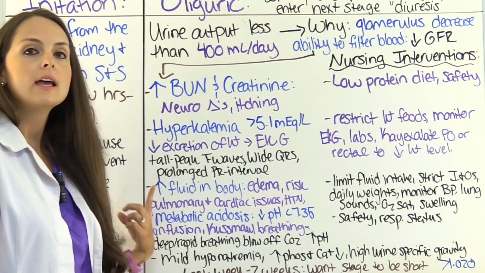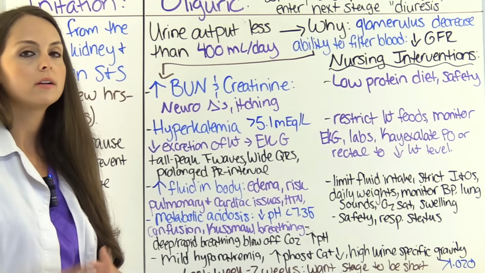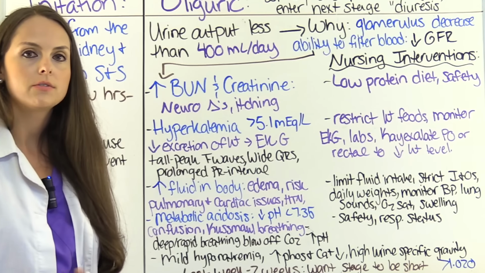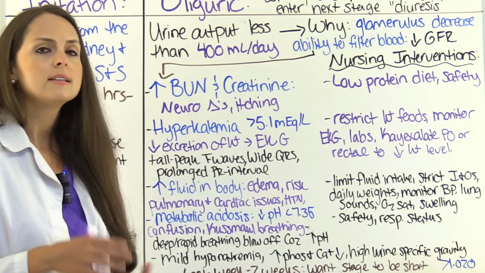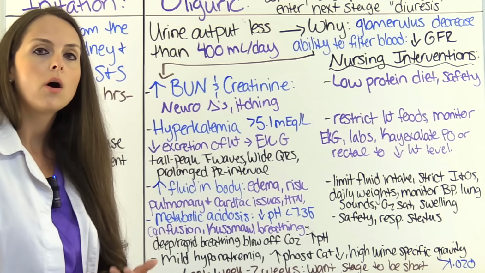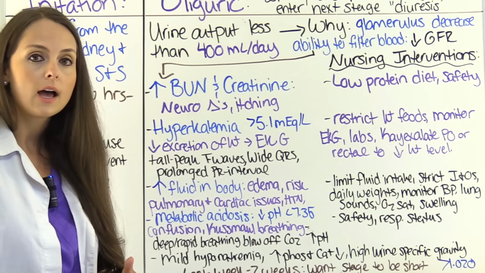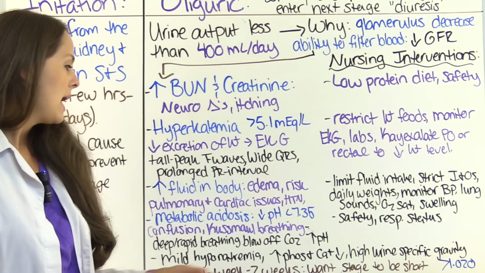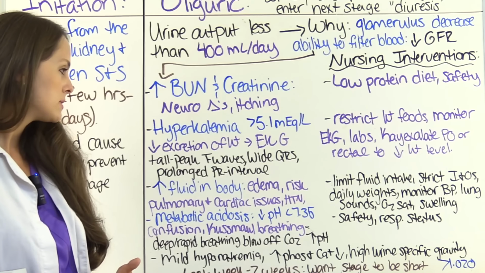Another thing is they will have increased fluid in the body because the glomerulus is not removing that excessive water. So you can see swelling throughout in their face, around the eyes, and their legs, so edema. Because of that, they are at risk for pulmonary issues from where all that extra fluid is going to go into the lungs, cause breathing issues. They can have cardiac issues from that, hypertension from the increased blood volume.